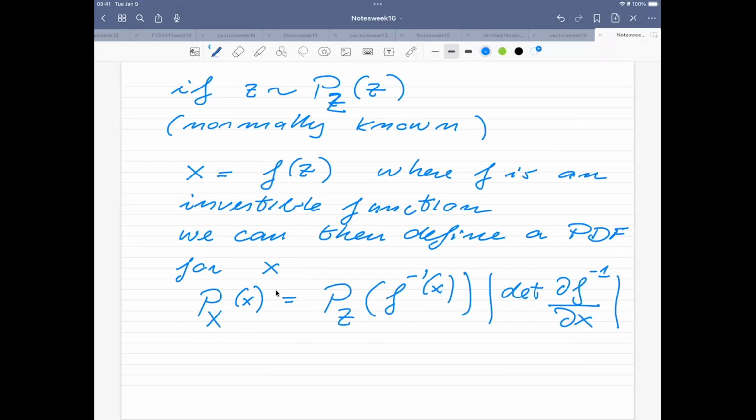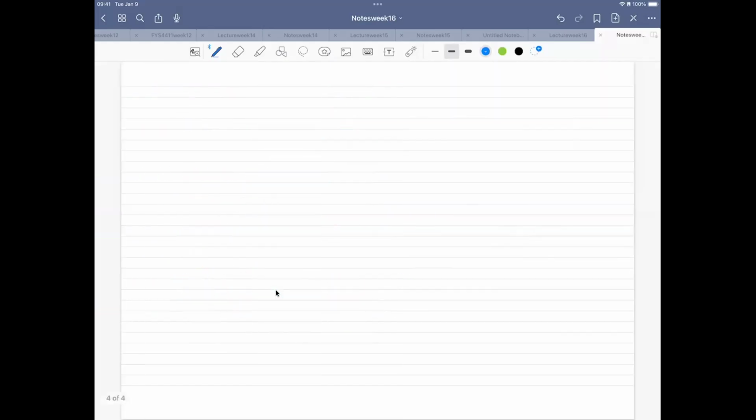So let me try to explain to you what is going on here. So if you think of x, which is now given by this function f of z here, which is an invertible function, then we know that if invertible, and I'm going to show you some simple examples of these cases here, then you have that z is equal to f minus 1 of x.